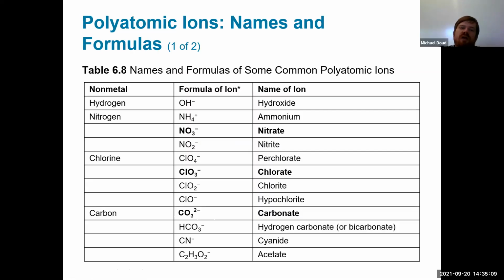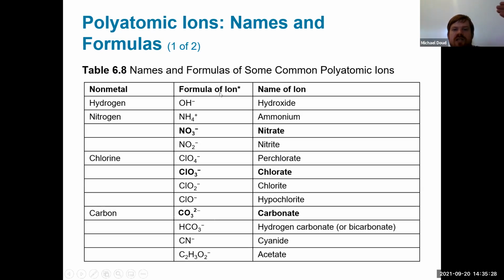Okay, now polyatomic ions. The way that you can know the names of the polyatomic ions, there's only one way, and that is you're going to have to memorize them. I'm sorry to say it, but the basic way that you can do this is the same as the way I suggested that you learn element names. Make a series of flashcards.